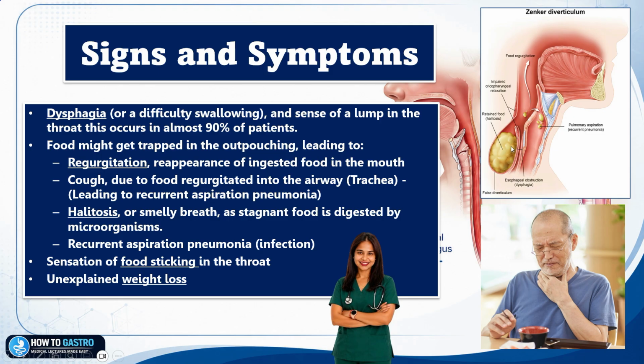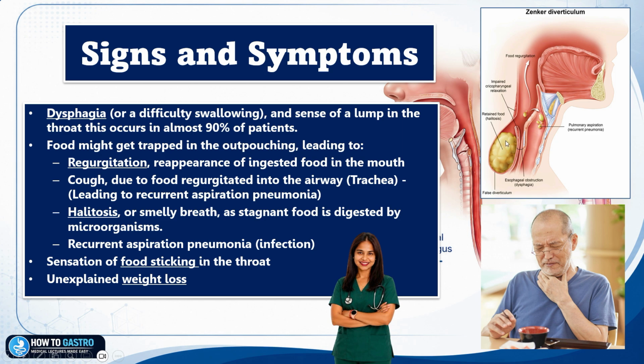The first thing that can occur is regurgitation, the reappearance of ingested food in the mouth. Food that is taken in will get trapped here, and if the patient coughs, for example, that food makes its way back up into the mouth of the patient. This is food that is semi-digested or has even begun its rotting process. So it's not a very pleasant process for the patient.